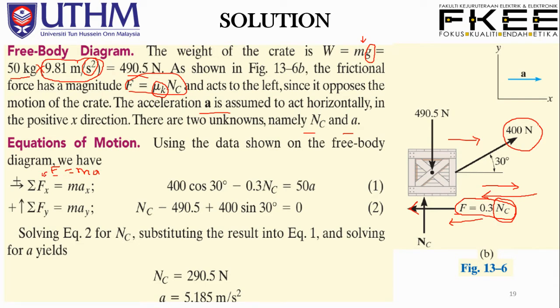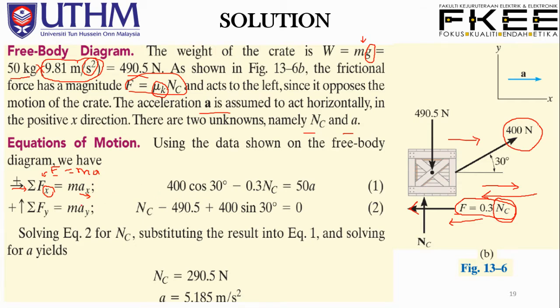So in the x horizontal direction, assuming to the right is positive, this is equal to m, the mass of the crate or the object, and a is the acceleration of the object in the horizontal x direction.